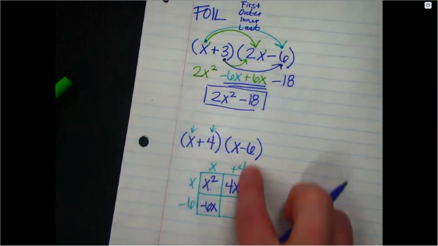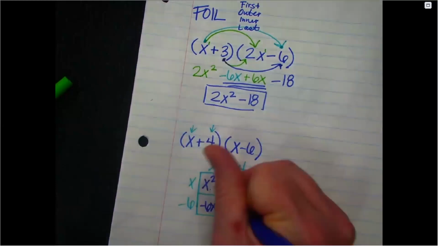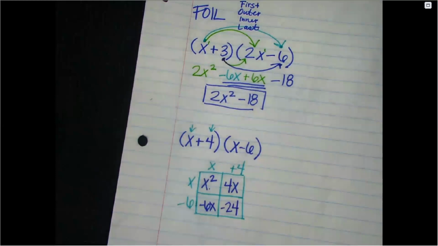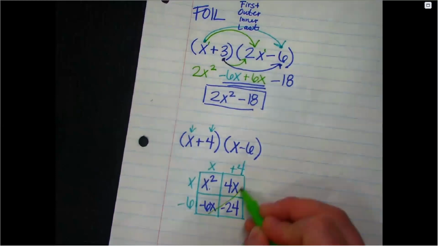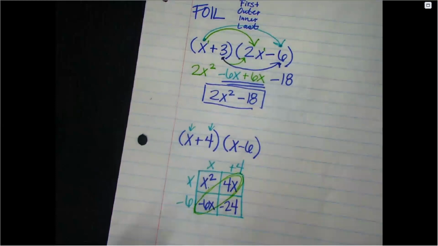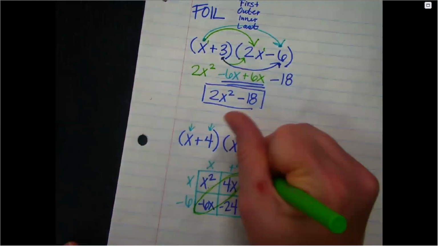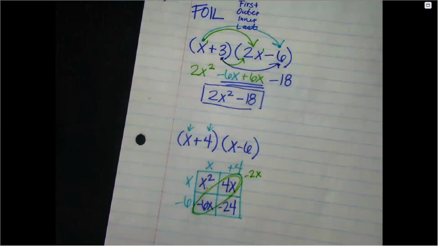Negative 24. Then at this point, normally your like terms are in your diagonal. So you look at that diagonal and see, are those in the same family? Well, in this case, yes. They're in the x family. So what's 4x plus negative 6x? Negative 2x is what you're going to get for that. So then you take this first box here, which is x squared.